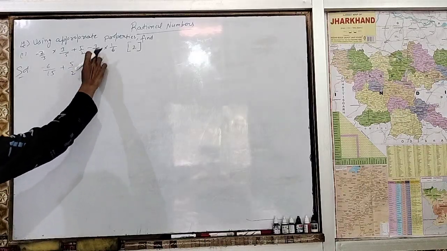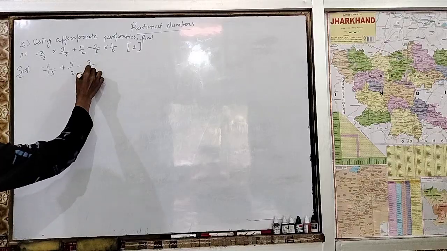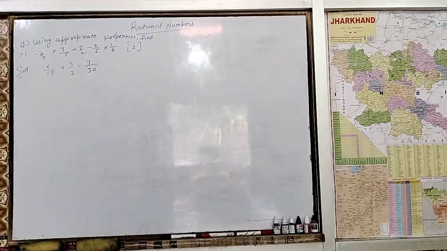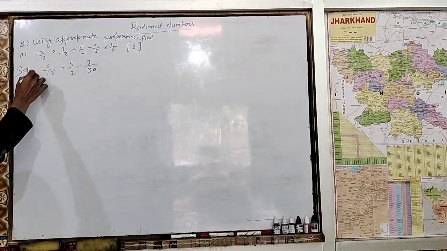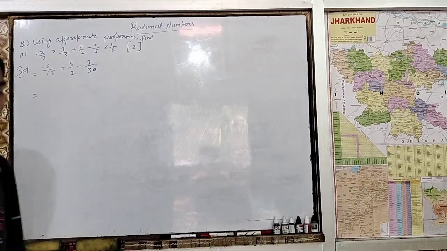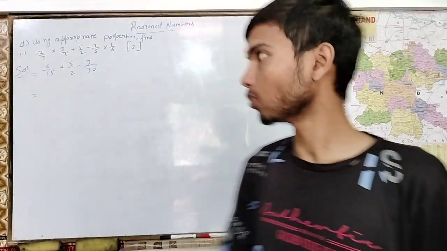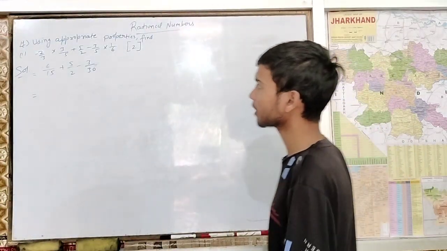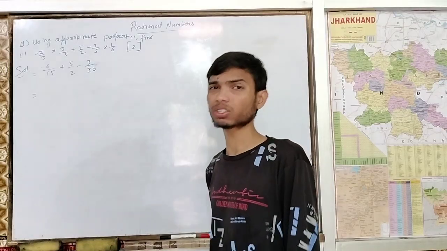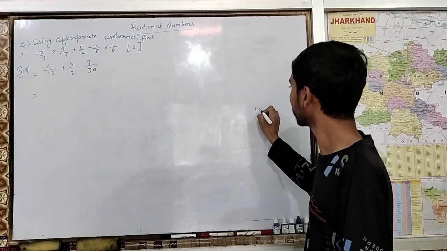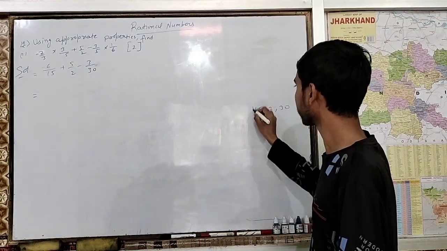Now you can say 3 1s are 3 and 6 5s are 30. Now ahead of it, we just have the fraction, 15 to 30. Clear?